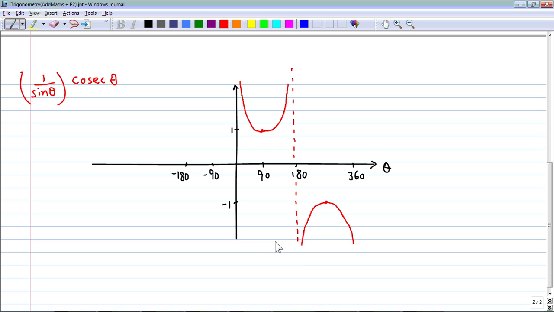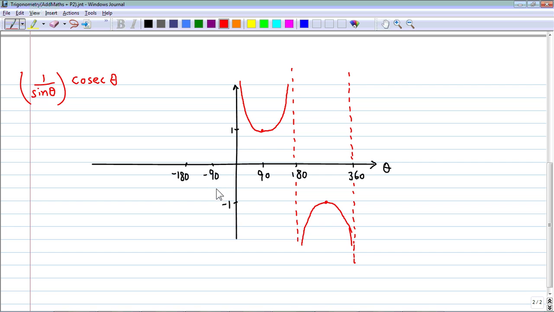So that's the basic shape. And let me draw another dotted line. Obviously that shouldn't touch the dotted line. Let's just draw it going down like that. Dot, dot, dot.